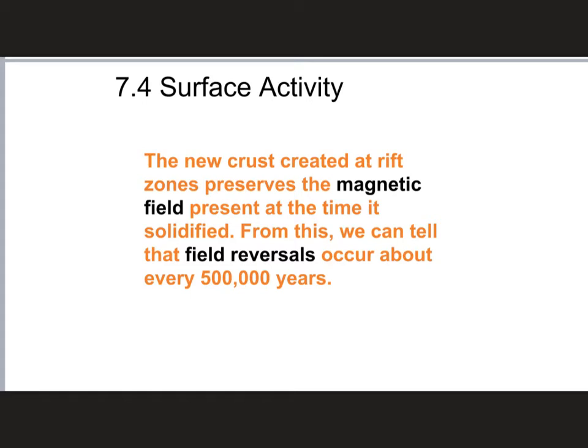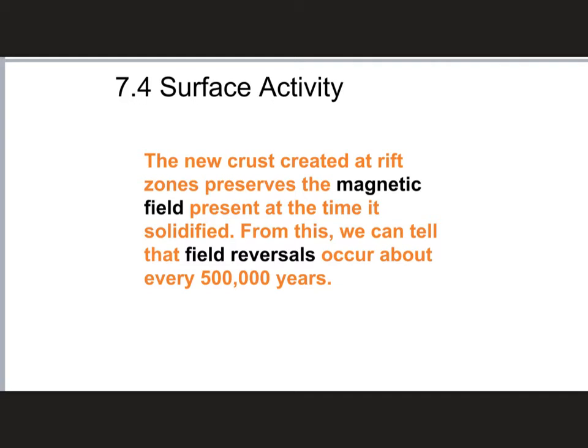Well, it's the same idea. The crust that's created in these rift zones actually preserves the magnetic field of the Earth. The little bits of iron line up with the magnetic field, and so that enables us to tell the direction of the Earth's magnetic field.